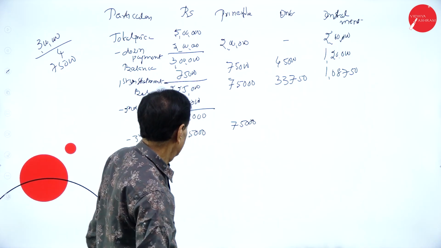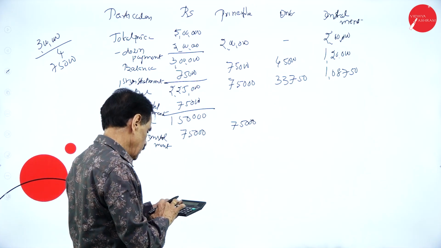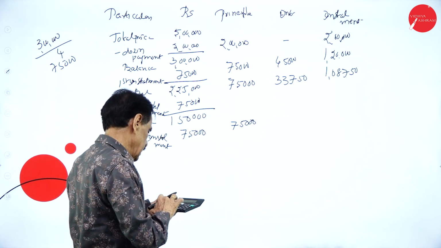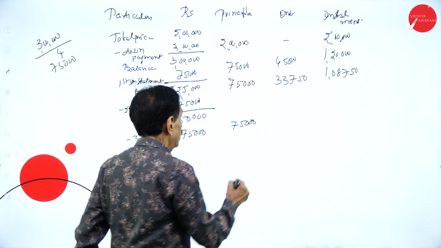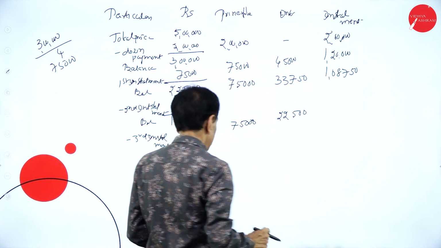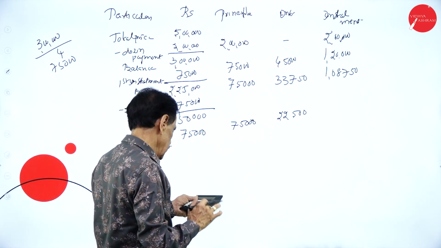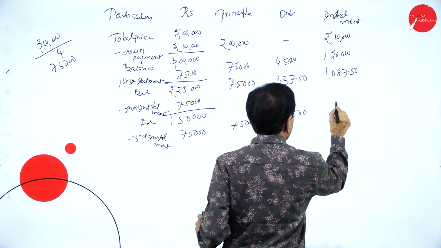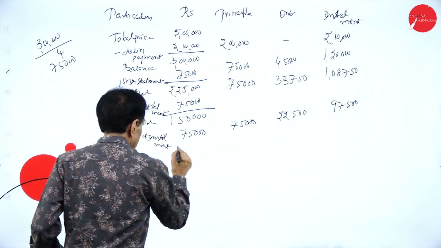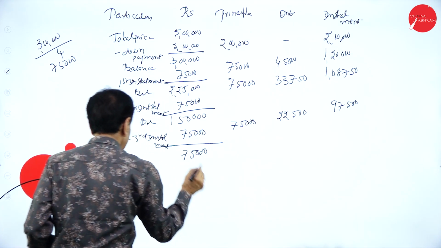Interest on this 1,50,000: 1,50,000 into 15 divided by 100, 22,500, plus 75,000, 97,500. Deduct 75,000. Balance 75,000.